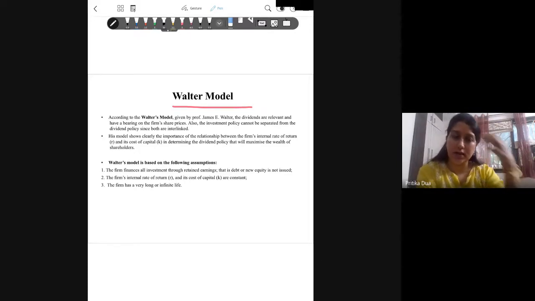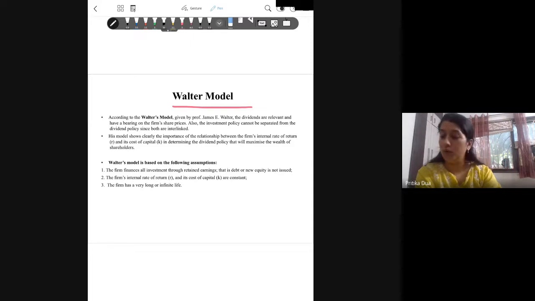That is, it is not able to give a good return on the investment, and basically the return on investment is lower than the cost of capital. So there it is better to distribute the dividends rather than retaining them in the business.